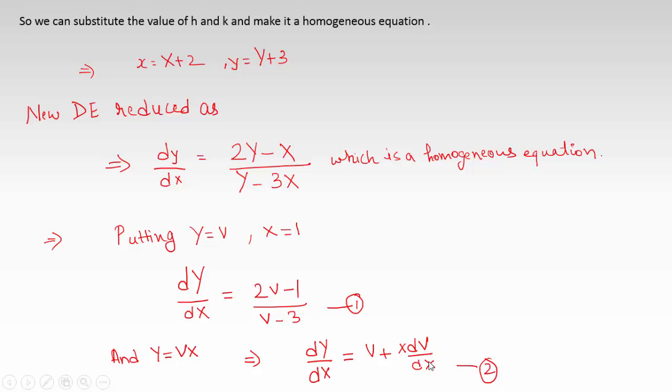Remember that whenever you do this substitution, you will always get the second value of dy/dx as v + x dv/dx. You should not always differentiate y = vx to get this value. It is a very general value and it will always come when you put this.